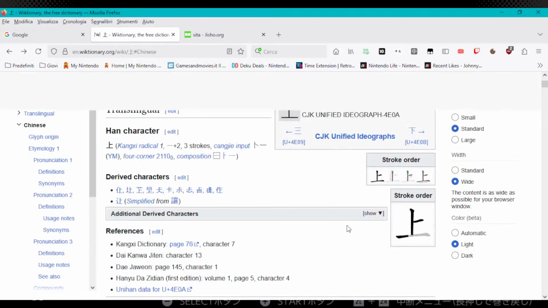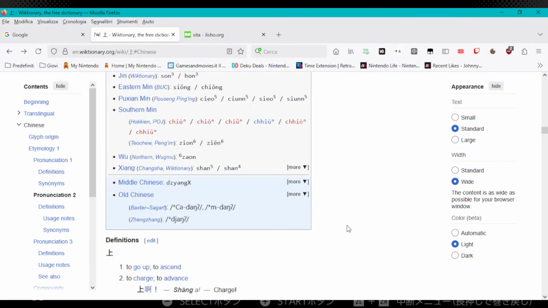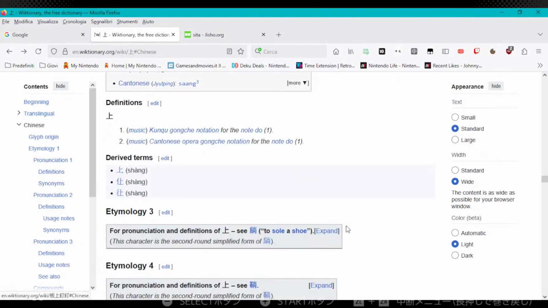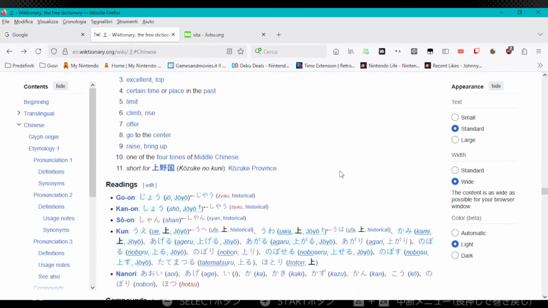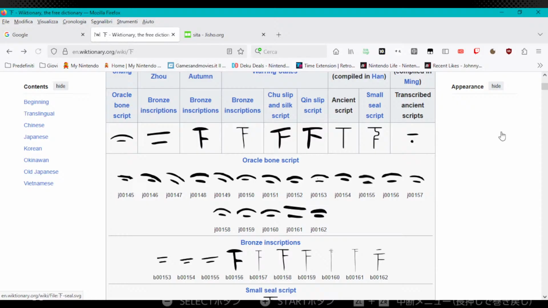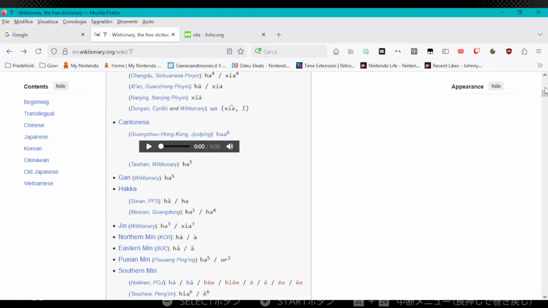This is the kanji for above, up, and so on. And so we see some of its pronunciation. Oops, forgot to mention, let's go back to the previous one, the one for below.